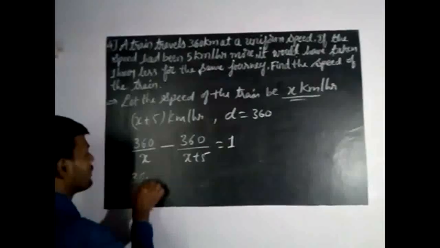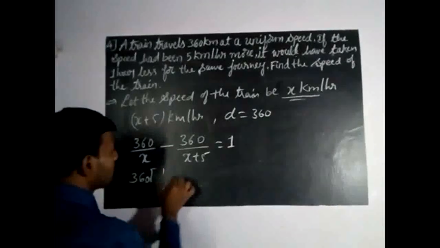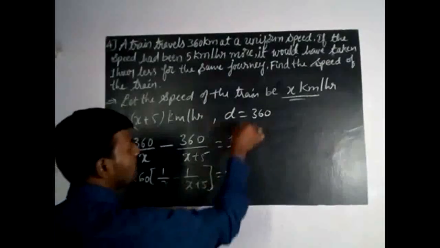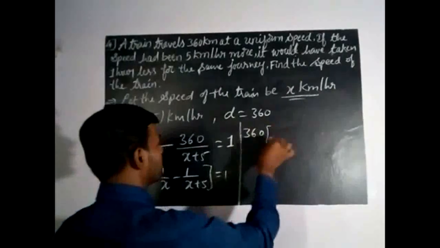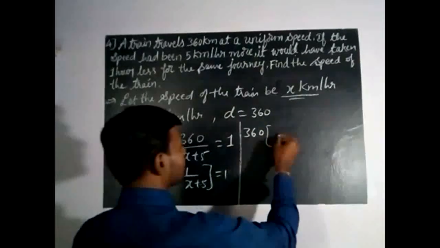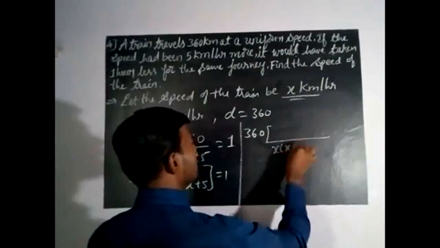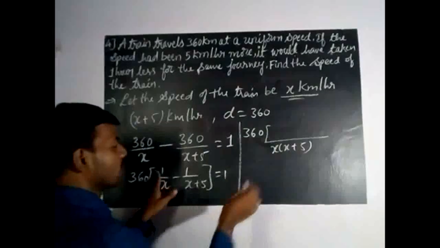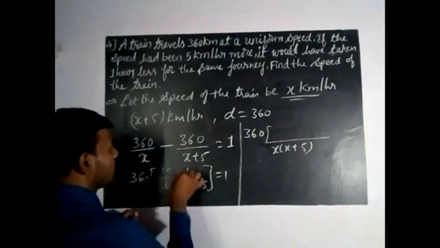360 is common there in the numerator. Taking it out, it becomes 1 by x minus 1 by x plus 5, which is equal to 1. Now simplify it. 360 into the LCM, which is x into x plus 5. Then x plus 5 is multiplied to the first term and x is multiplied to the second.